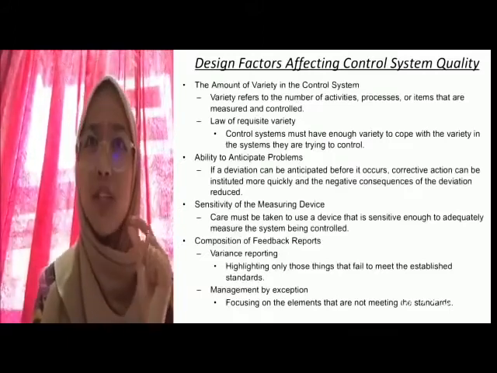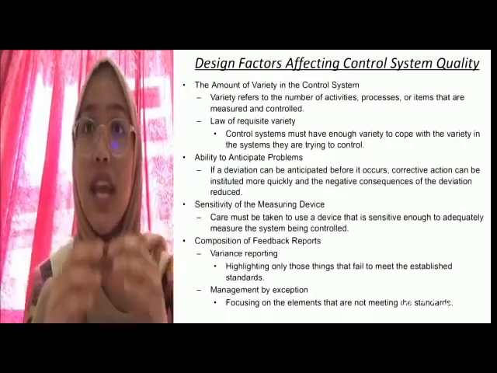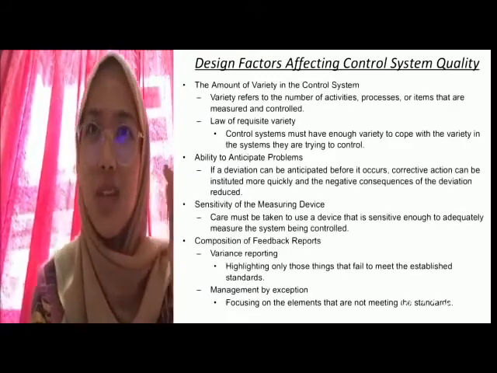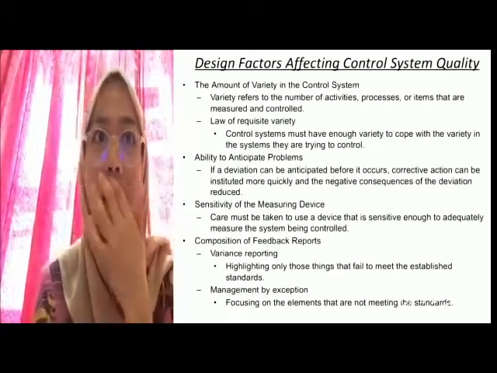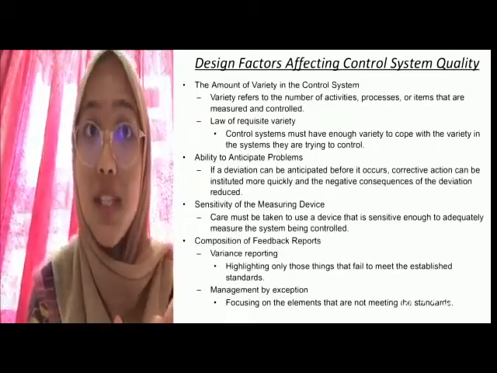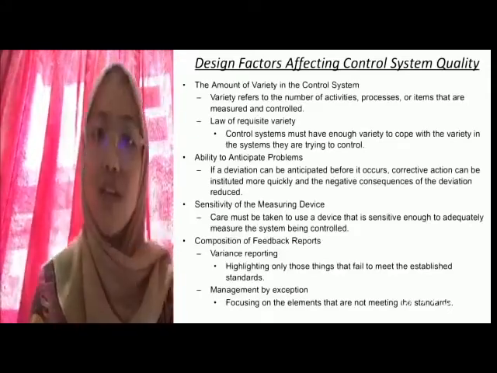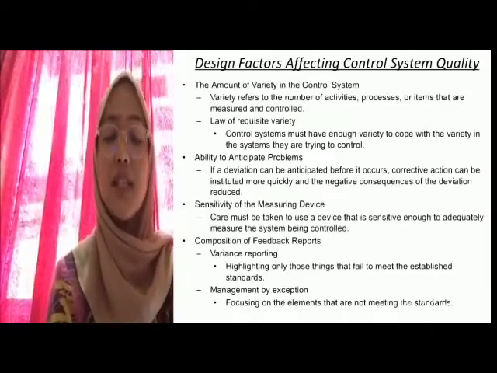Take the complexity of automobile manufacturing. Parts and components, system elements and interactions contain considerable variety, and control is needed at all stages in the manufacturing process to ensure the result meets the performance standard. Number 2, ability to anticipate problems.